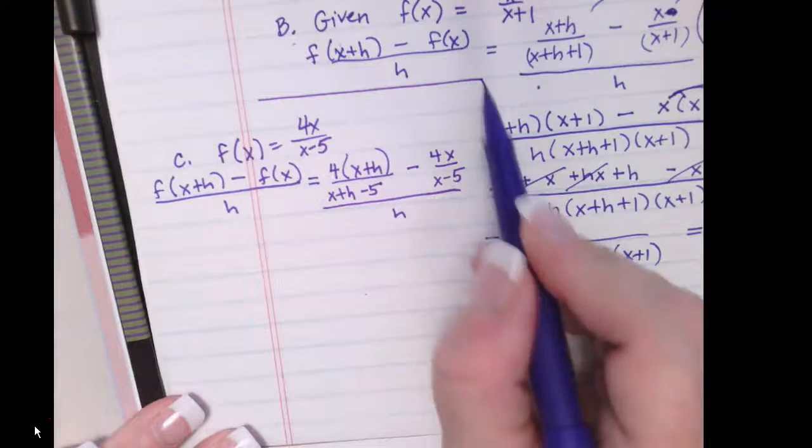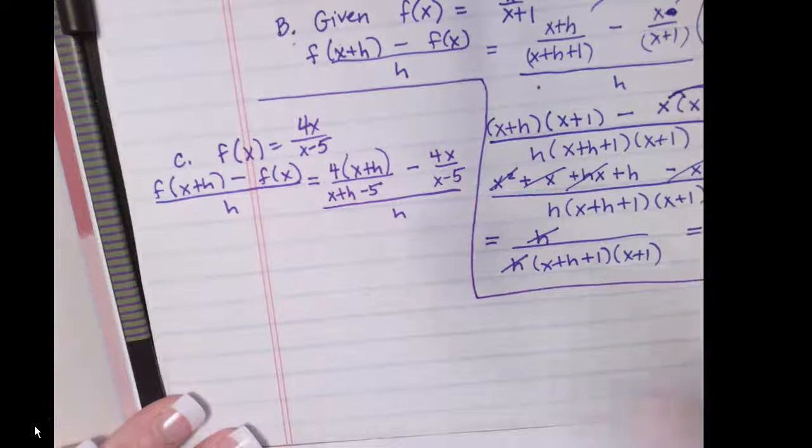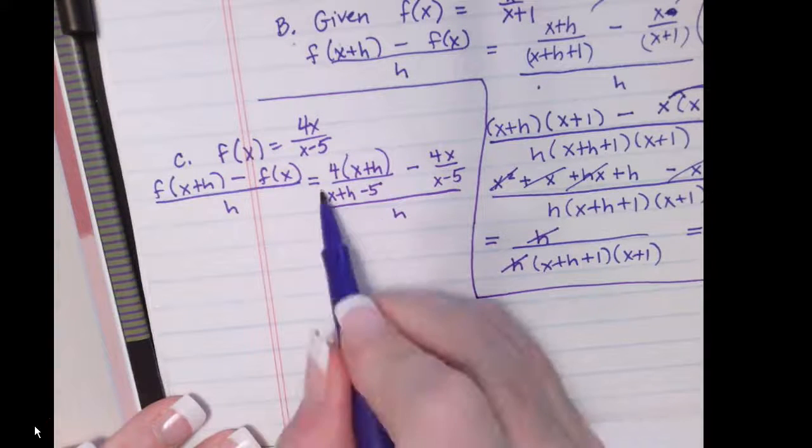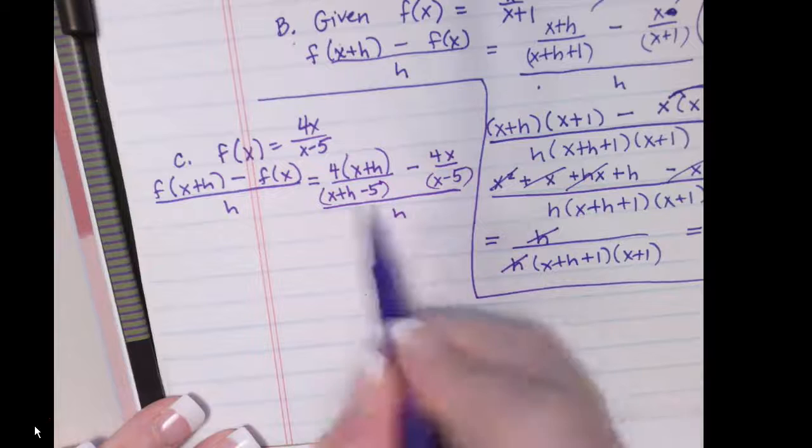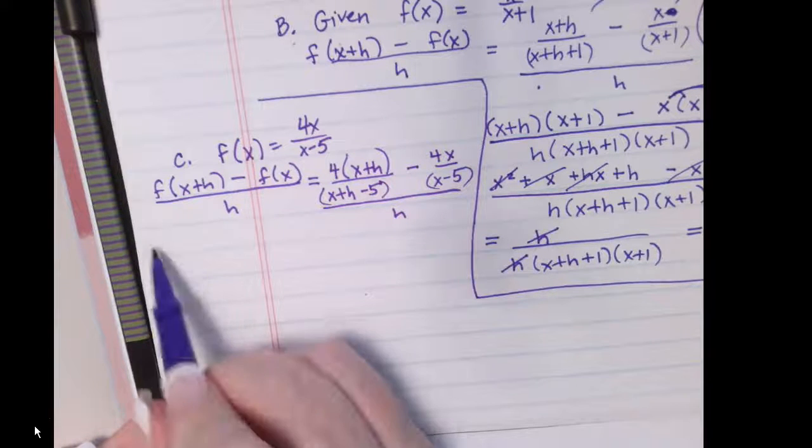So I am going to multiply through by my common denominator, which is simply the two denominators multiplied together.